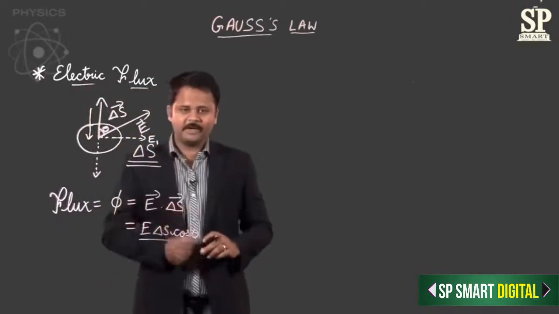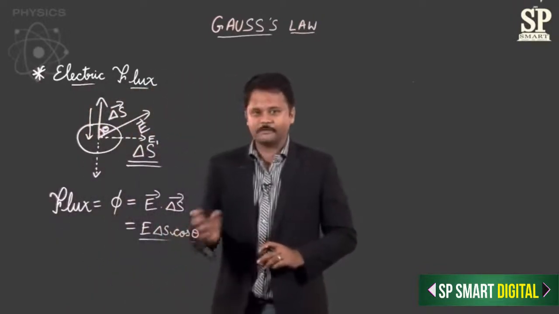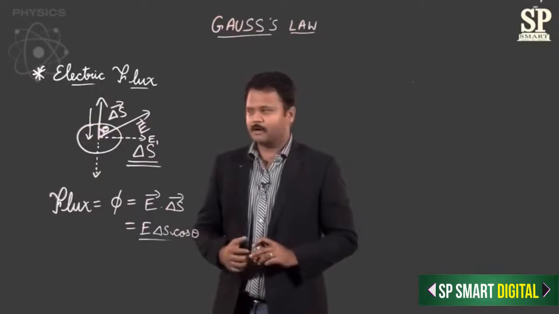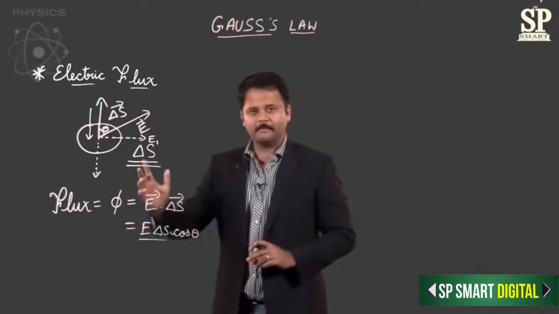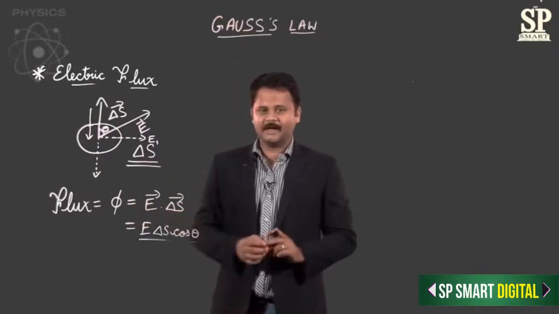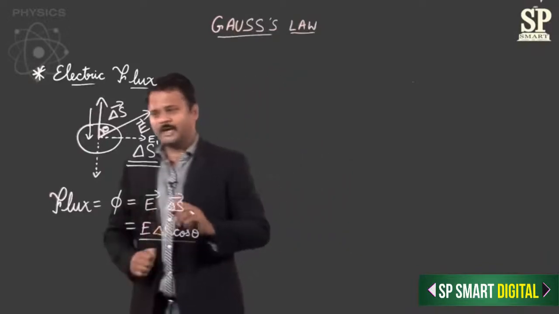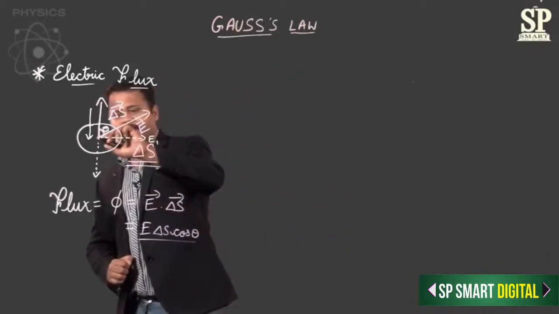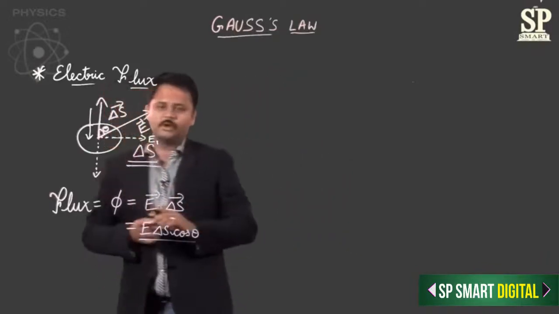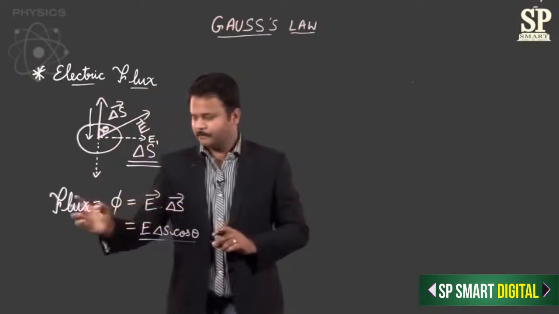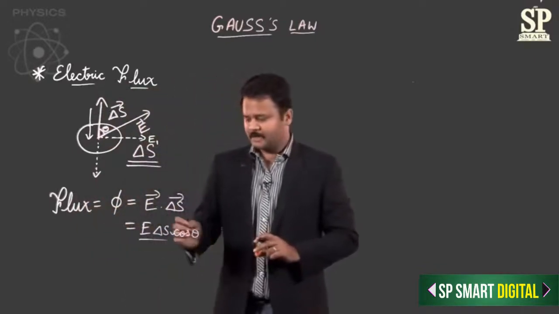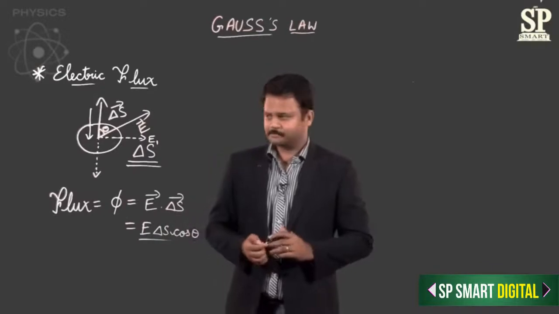Then if you find E dot delta S, you will get a cos of 180 degrees, which is minus 1. So then the formula would have become minus E delta S. Only in one particular case, when the electric field is parallel to the area vector, you get this particular formula for flux as E delta S.